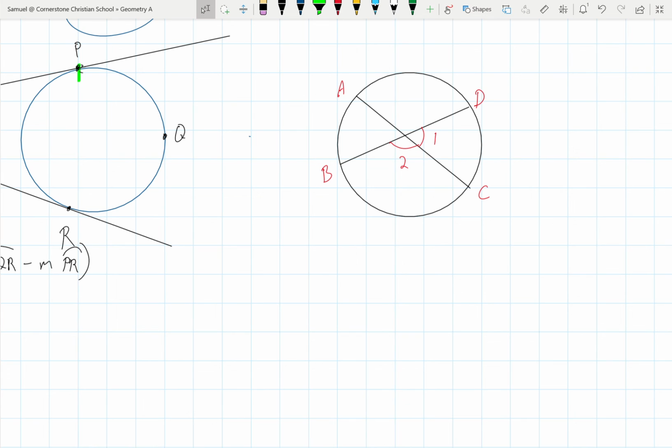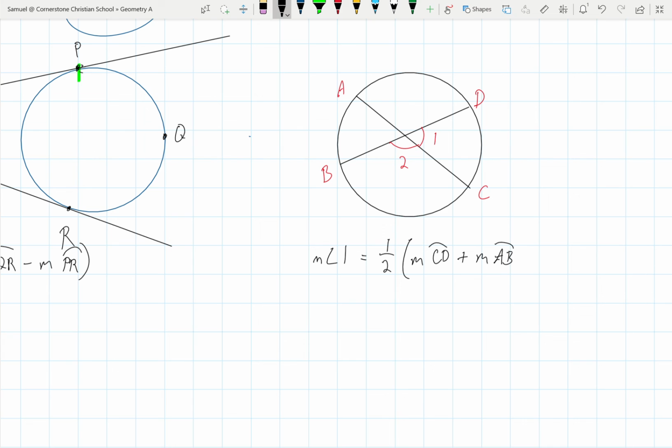And again, something that might become helpful is you have the measure of angle 1 is equal to 1/2 the measure of arc CD plus the measure of arc AB.